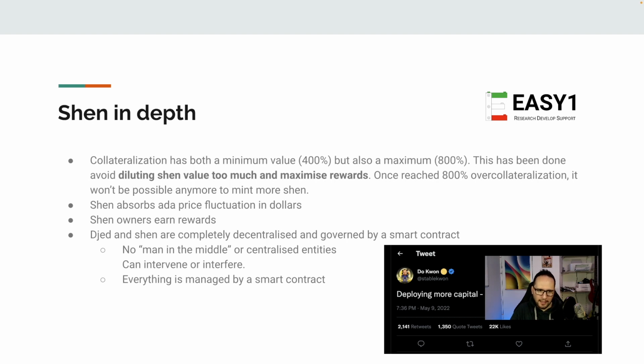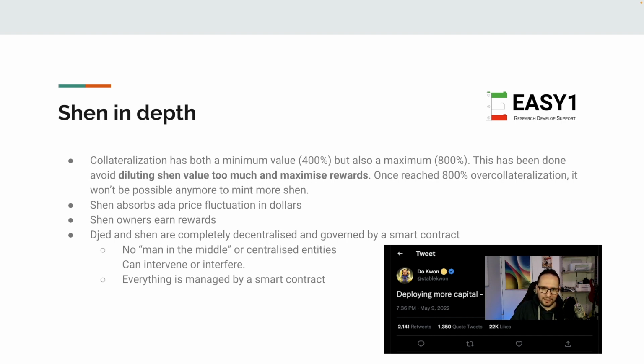Obviously, the less Shen in circulation, the higher the rewards are going to be for Shen owners. So if we were allowed to mint Shen indefinitely, those rewards would be really diluted, so the incentive would not be as juicy as it should be.